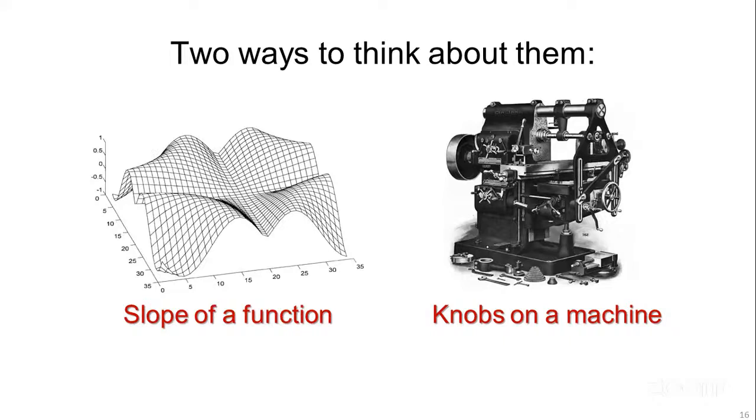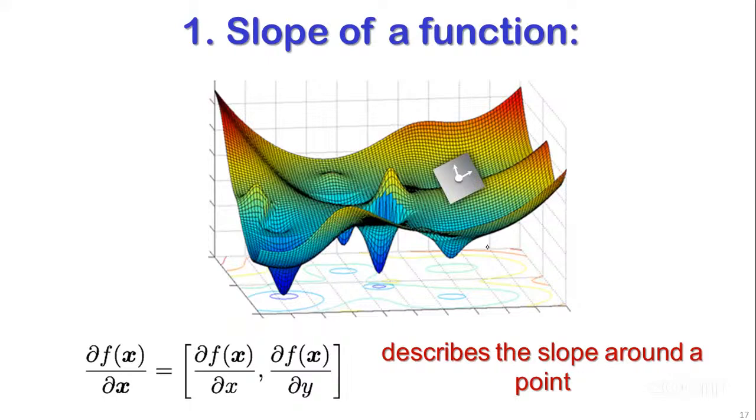Here we are talking in terms of the slope of a function, but just to connect with what you already know, you can think of knobs on a machine. Similarly, I will tell you about the slope of a function. What do you mean by the slope of a function? Basically, you know the derivative.